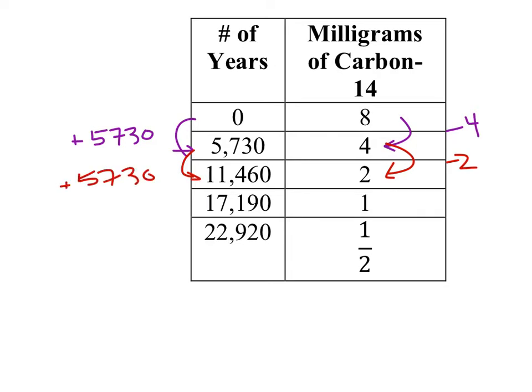Well, that also shows an inconsistency because one took 5,730 years to take off 4 milligrams. Then the next time, 5,730 years happened, it took 2 milligrams. That's different. So automatically we can see that this one is not linear because, once again, there's not a constant rate of change.